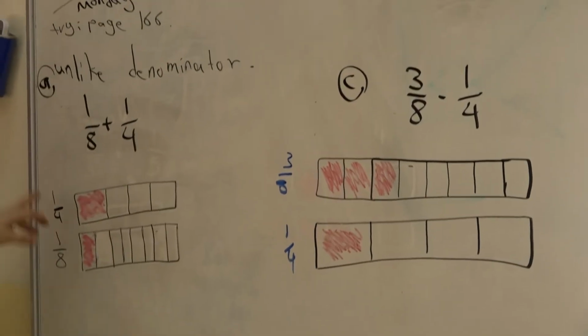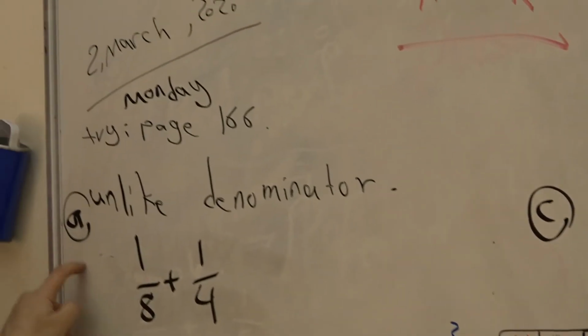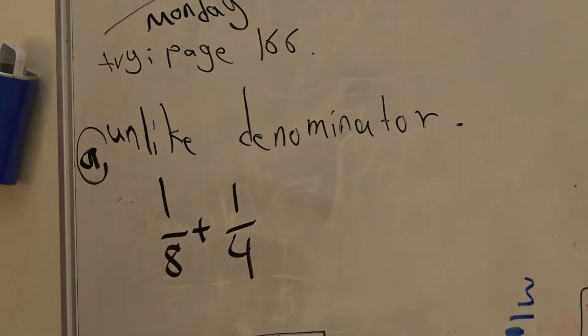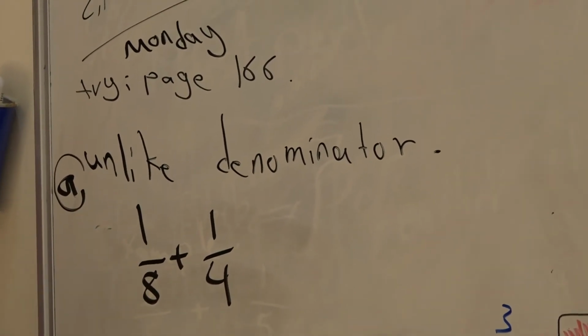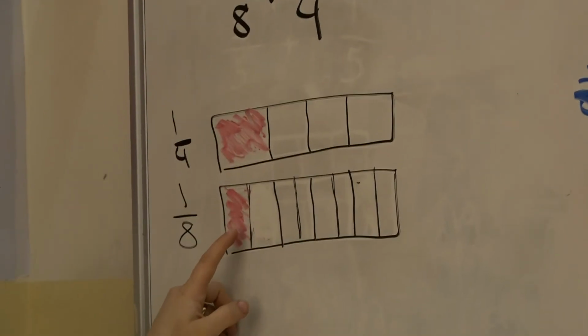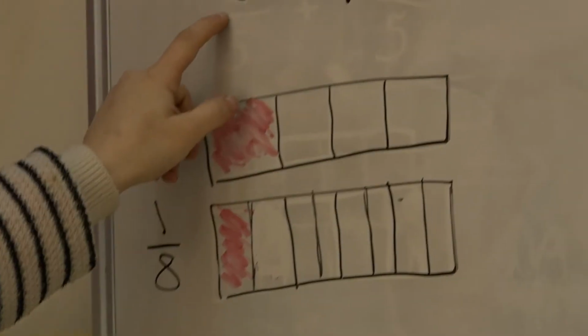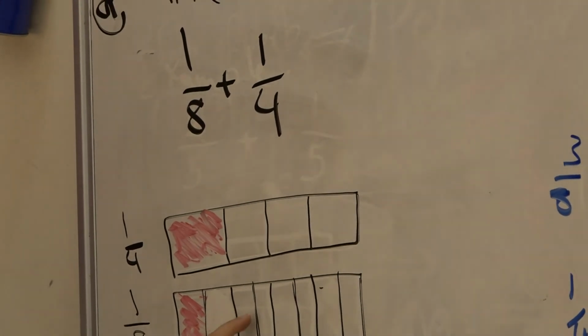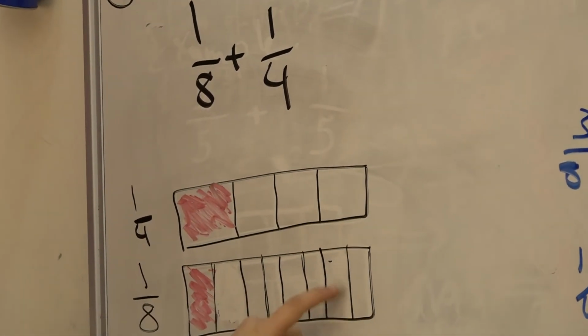The first one has denominator 8. For example, 1/8 plus 1/4. Look, 1/8 is divided into 8 parts because the denominator is 8. So 1, 2, 3, 4, 5, 6, 7, and 8.